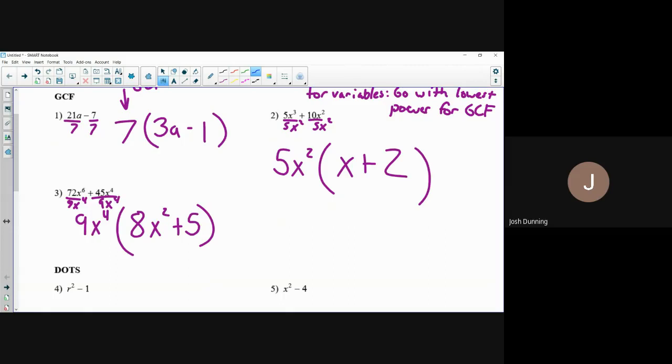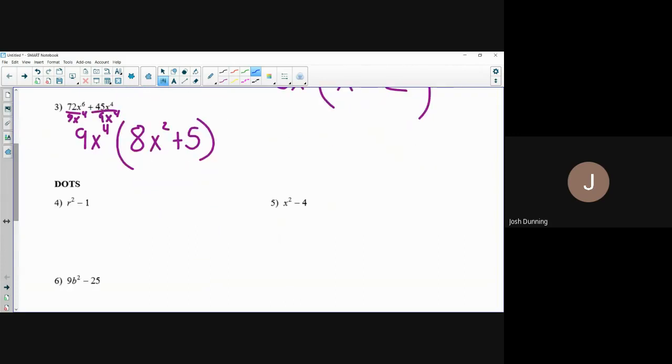Next kind of factoring from algebra is DOTS. That is difference of 2 squares. Now, difference in math means minus.